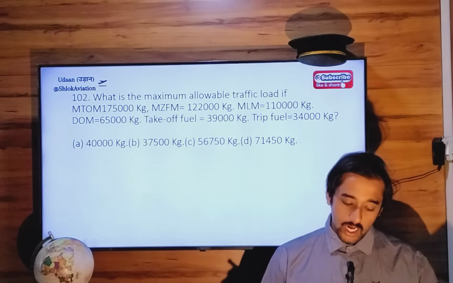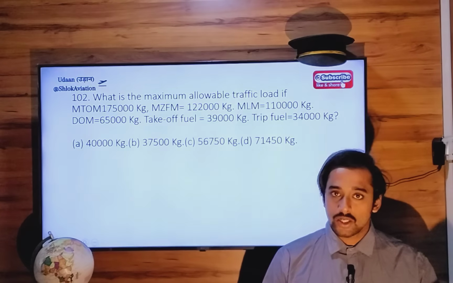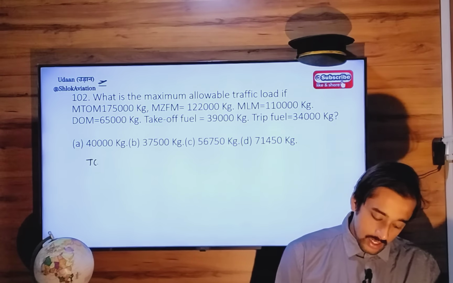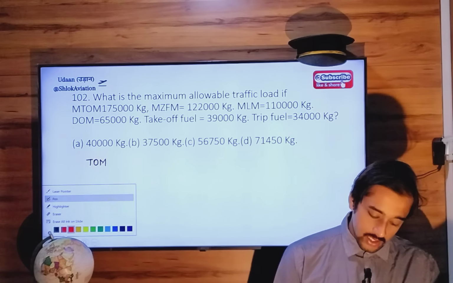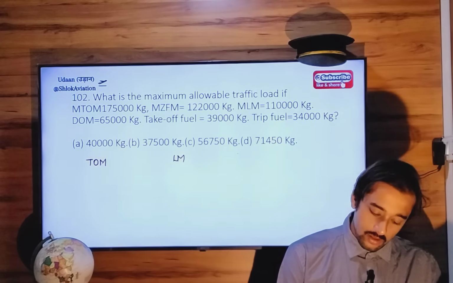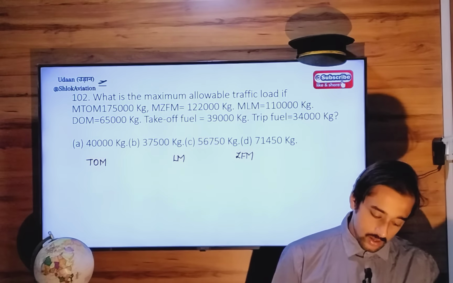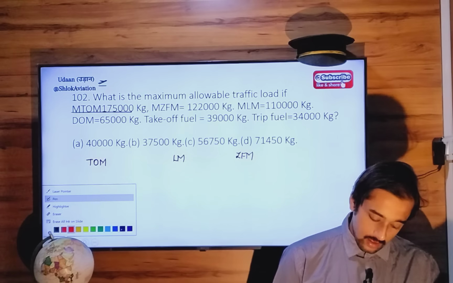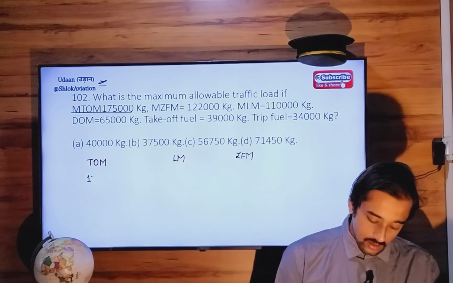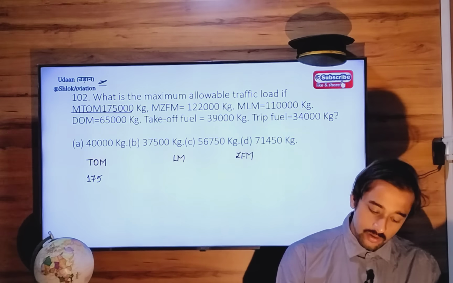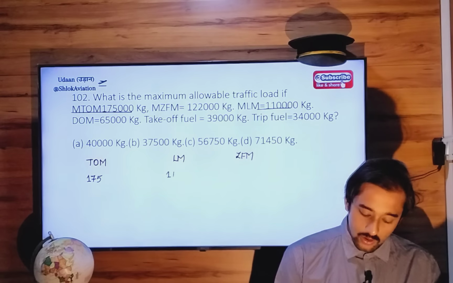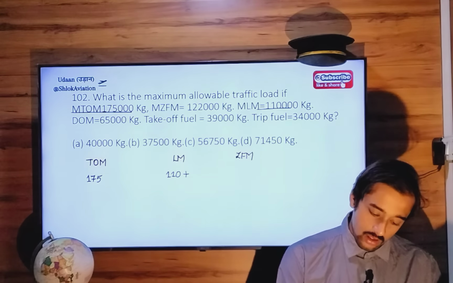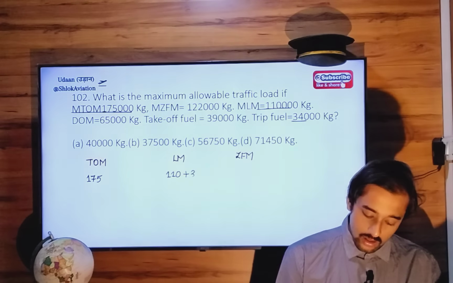Next, question 102. What is the maximum allowable traffic load if these conditions are given to you? Now in the takeoff mass column, you write the takeoff mass value, which is 175. In the landing mass column, you write the landing mass value 110. Add trip fuel, which is 34.